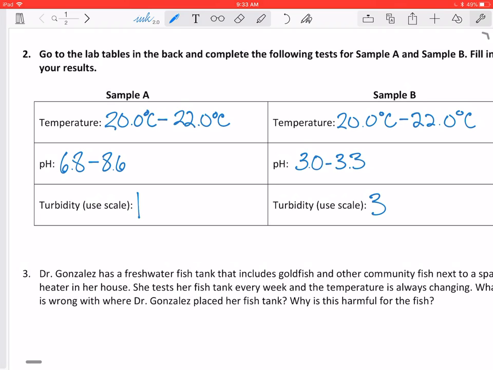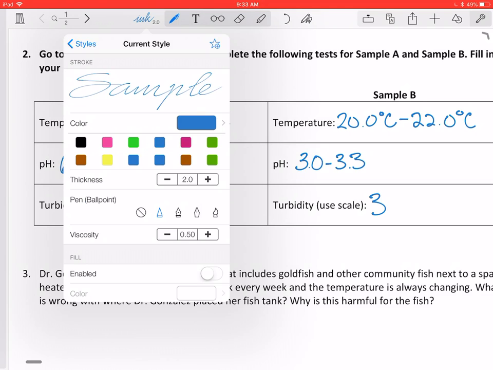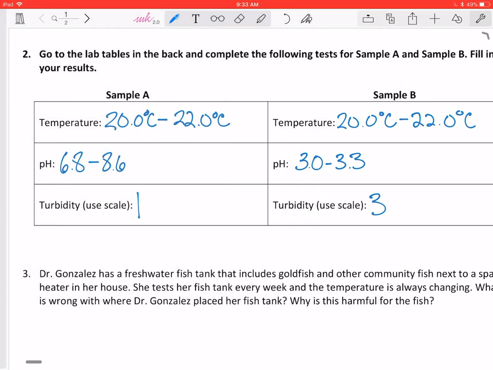So for pH and temperature, guys, let me change my ink color here. For pH and temperature, you guys were using the probe. And as I watched you guys do these sample tests, I saw some common errors. So I want to go over how to properly use that probe.